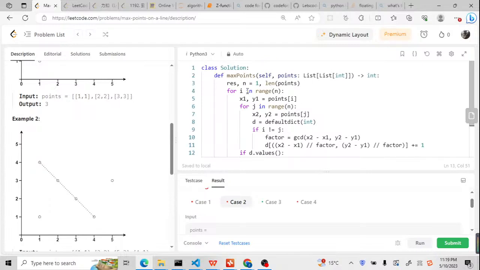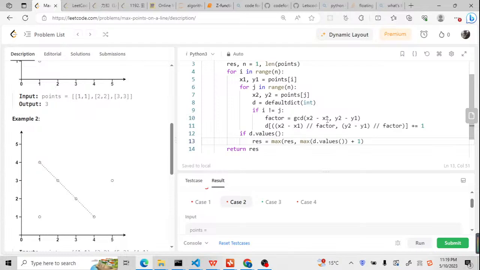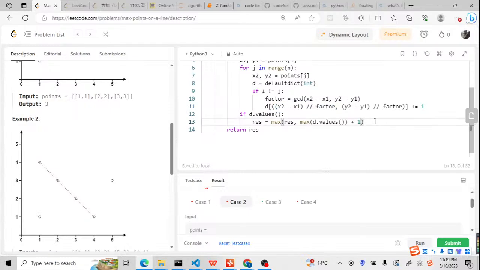The first point, the second point, I calculated the greatest common divisor, and I put a tuple inside. Let me just print out the dictionary to check if there's something wrong.